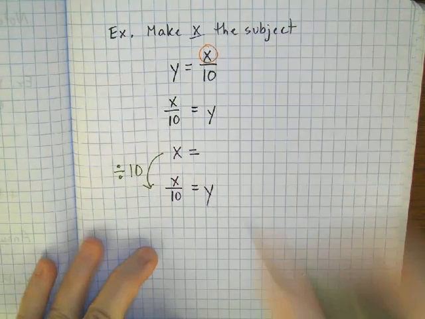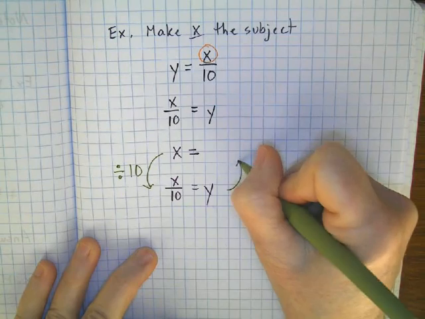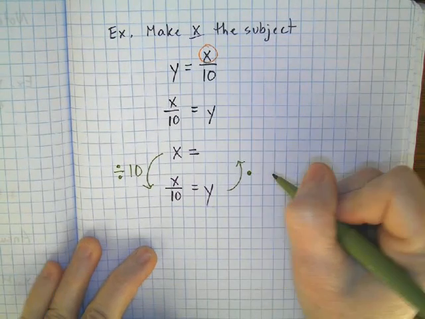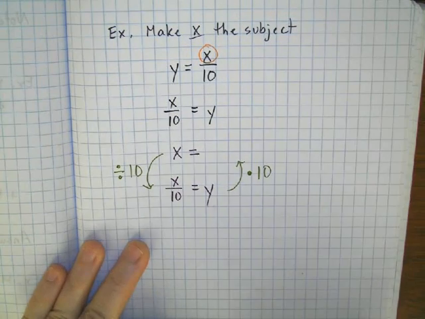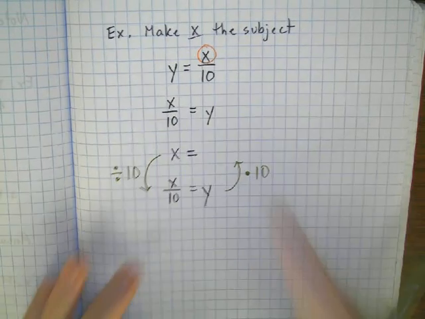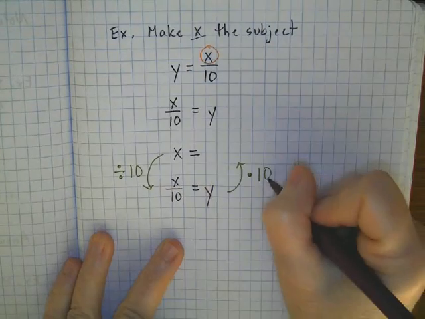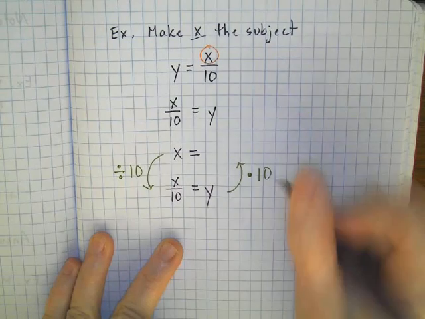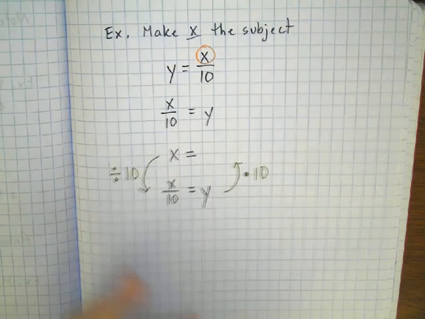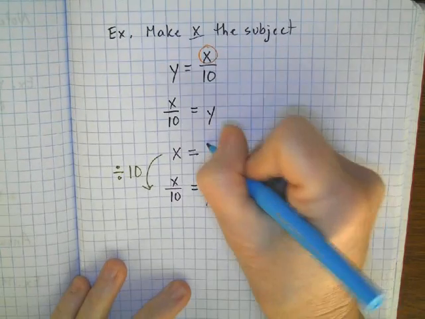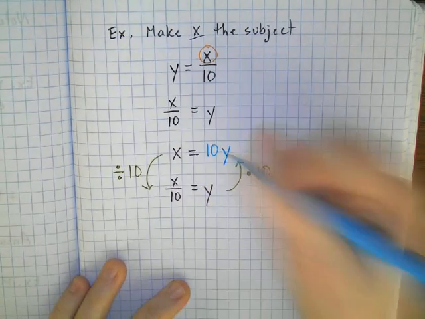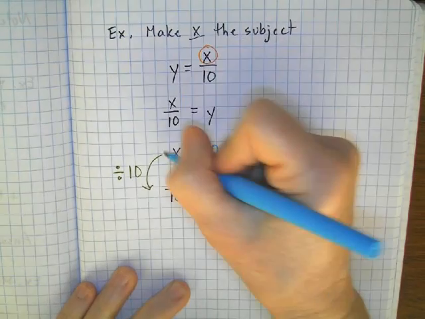So what's the opposite of divide by 10? Multiply by 10. So y times 10 is, we always write the number first when I do multiplication. So y times 10 is the same as 10 times y. And that's it. That's my solution.